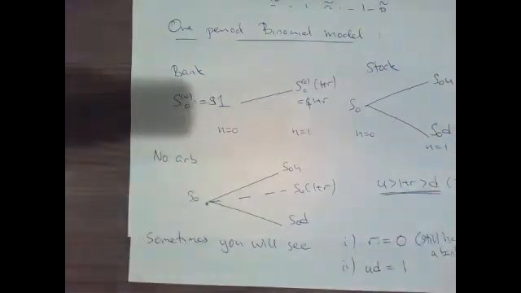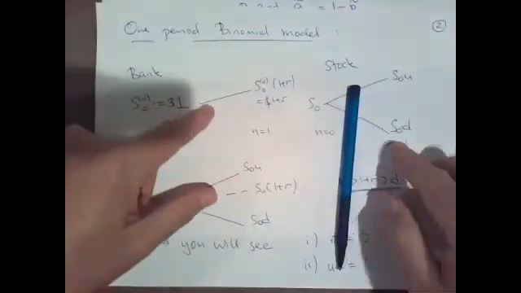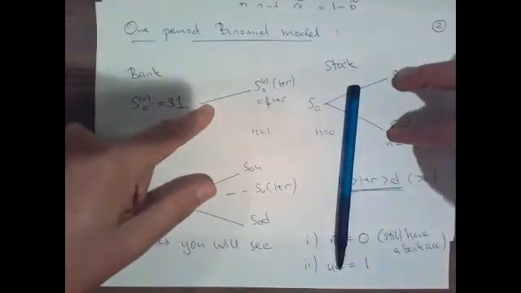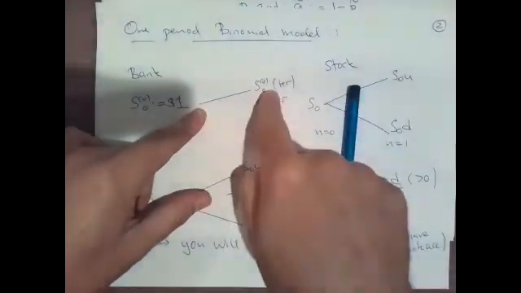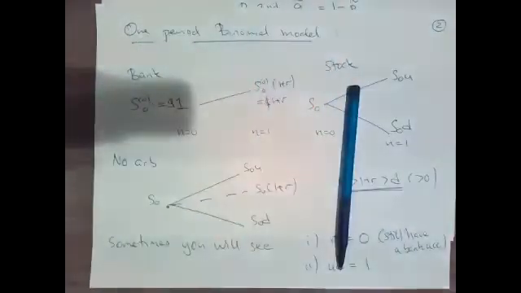Yeah. So what's the difference between a bank account and a stock? Well, in this picture, the difference is that you have 2 possible values for a stock and 1 possible value for a bank. There are many other differences between bank accounts and stocks.